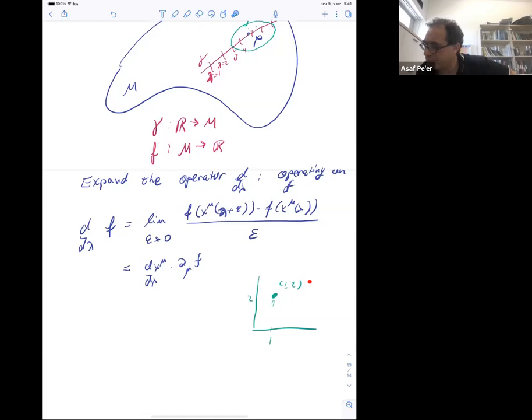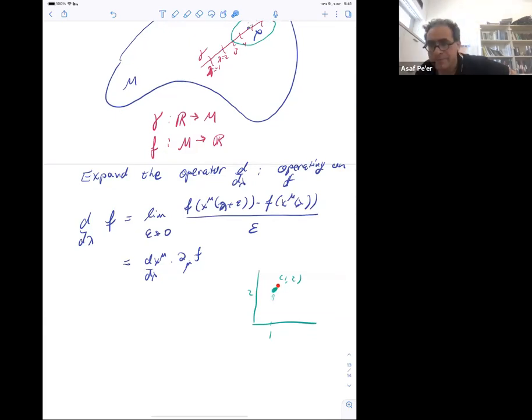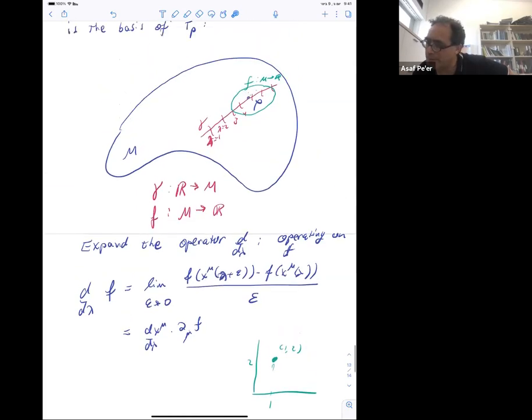I gave it two numbers which fully specify this point. That's the meaning of giving coordinates to a point: I made a map from the space into R2. What I'm doing is the same abstraction, just in an abstract way. I'm mapping every point here to R.